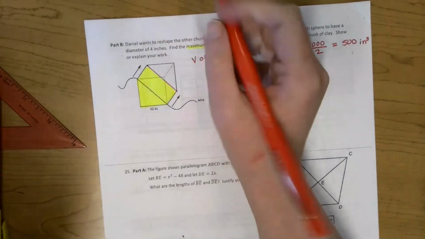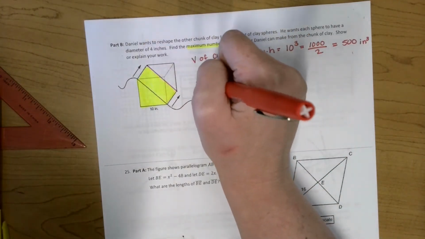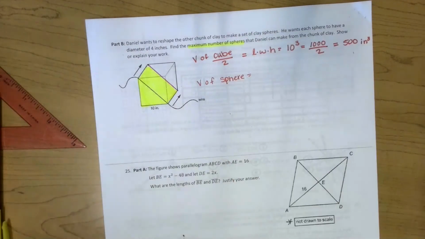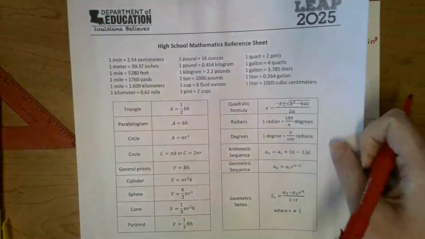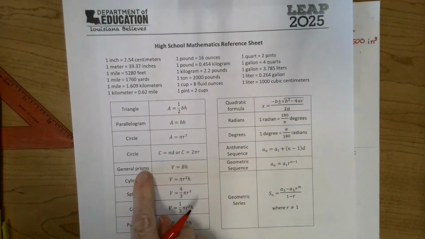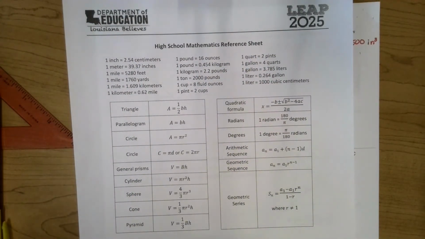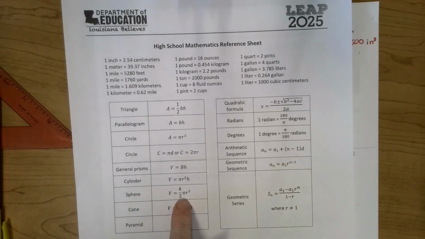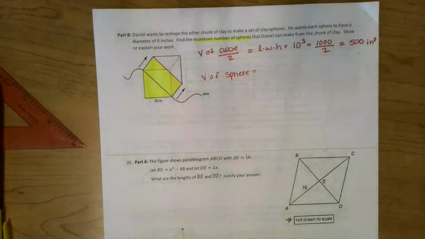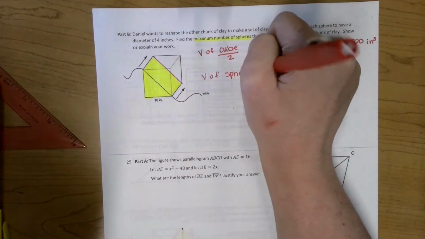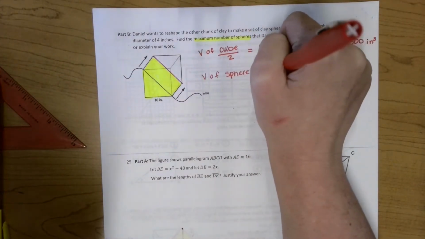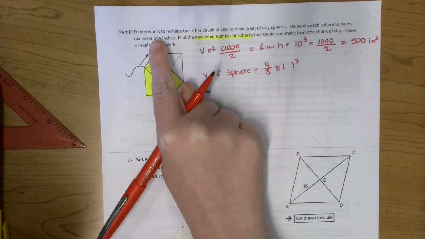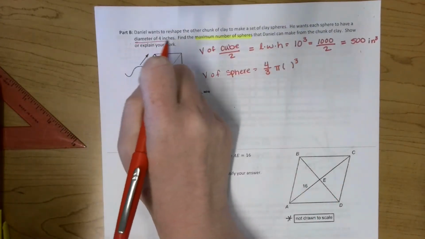Now I need volume of a sphere. Okay, let's check our reference sheet. We do have volume of prisms, which a cube is a prism, area of the base times height. Volume of a sphere, 4/3 pi r cubed. So 4/3 times pi times my radius cubed. Now, our sphere has a diameter of 4 inches.